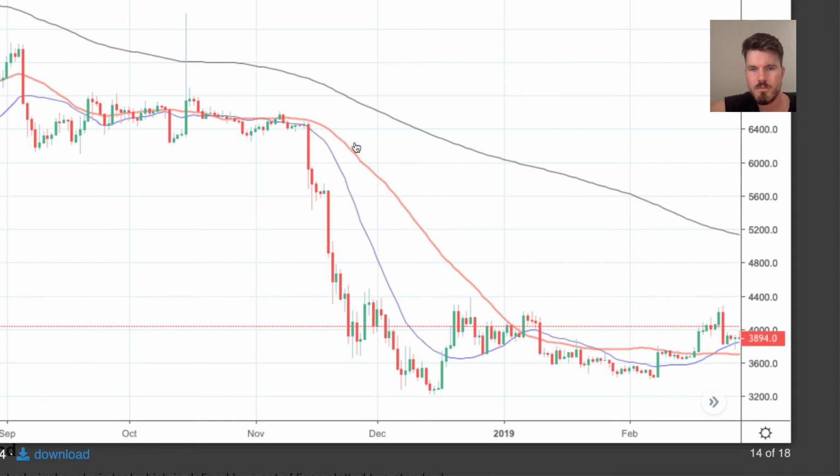And we've got the 50 moving average, which is sandwiched between the 200 and the 20 moving averages. So the current short-term and mid-term trend is more or less bearish. We had a crossover at the beginning of January 2019, multiple crossovers which indicated a shift in the short-term trend.